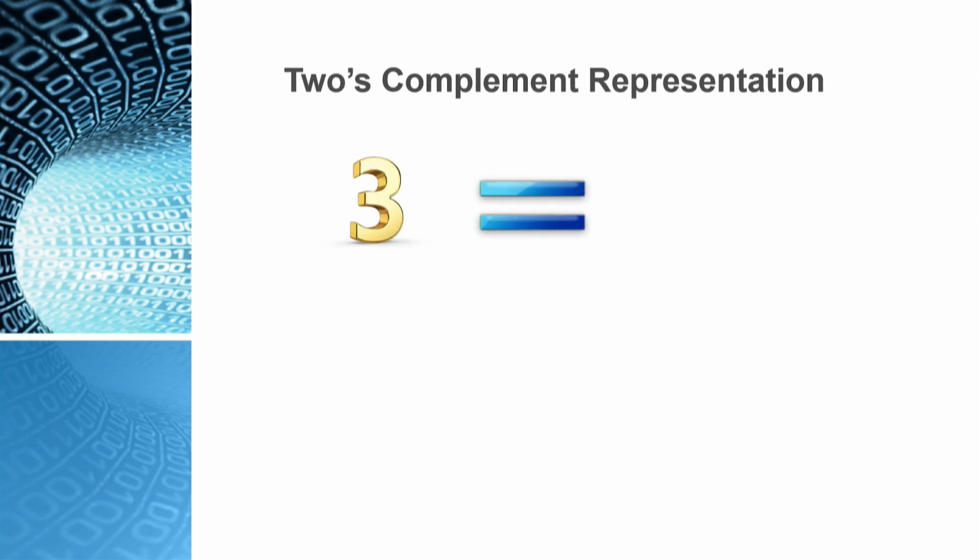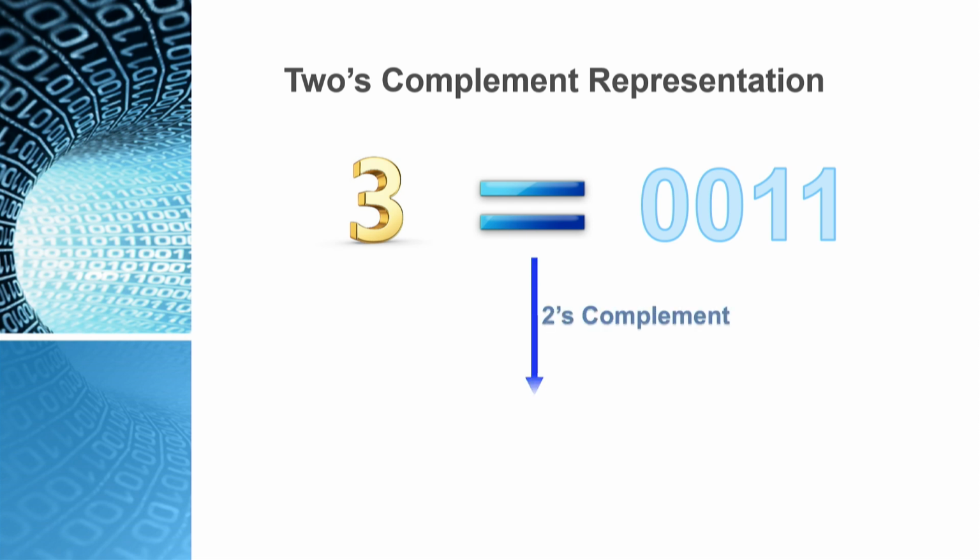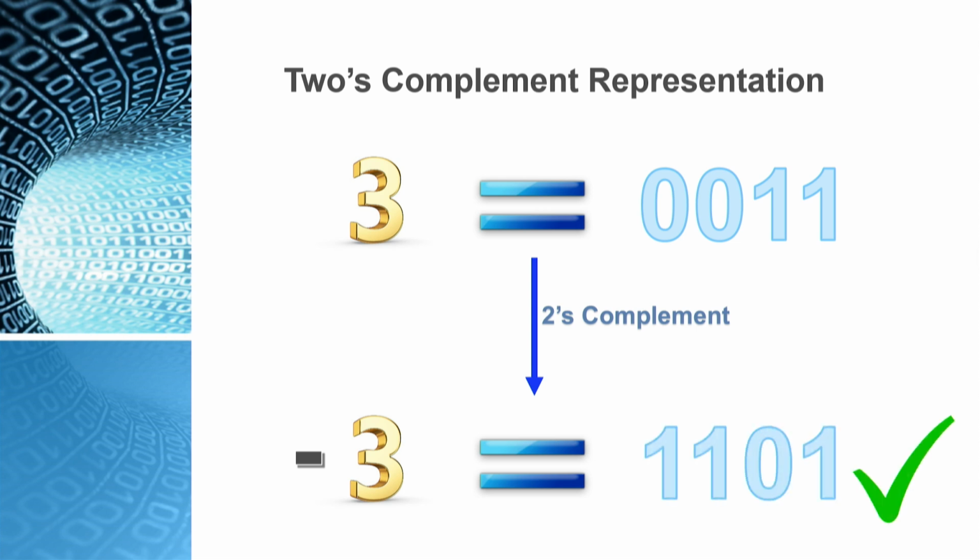In this scheme, if the binary number 0011 encodes the signed integer 3, then its 2's complement 1101 encodes the inverse, -3. In other words, the sign of most integers can be reversed in this scheme by taking the 2's complement of its binary representation.